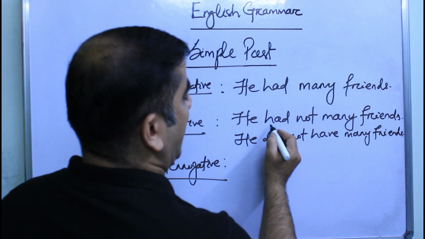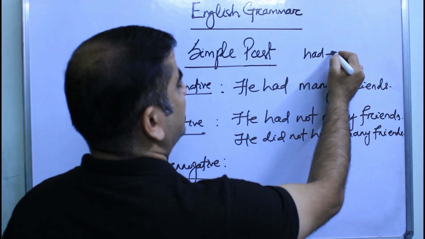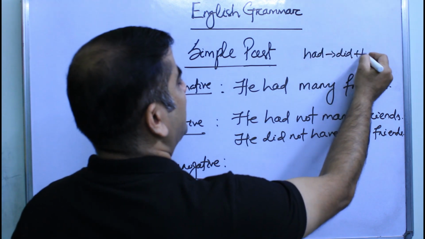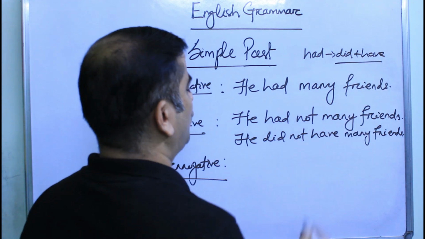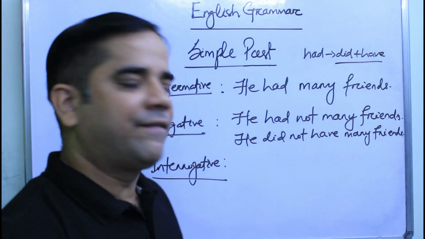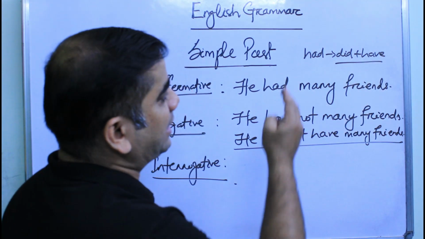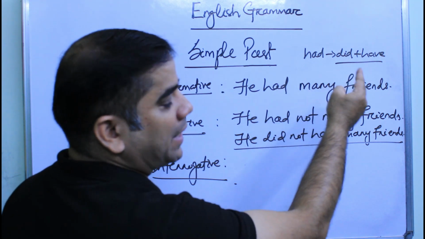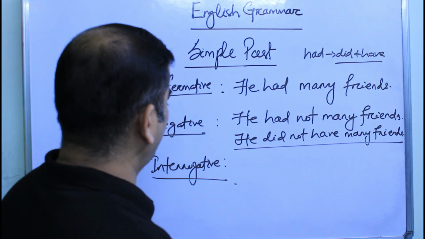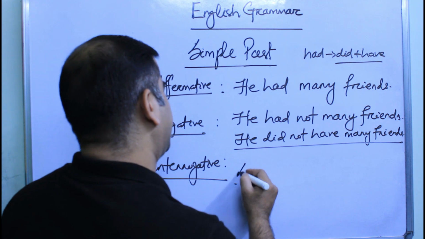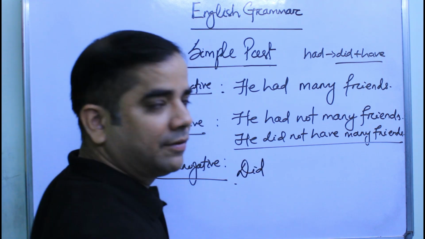Okay, because had, it is did plus have. So we can write did not have many friends. Students, what we have observed that had is nothing but did plus have. Okay. So in case of interrogative sentence, we just need to bring the helping verb did at front.